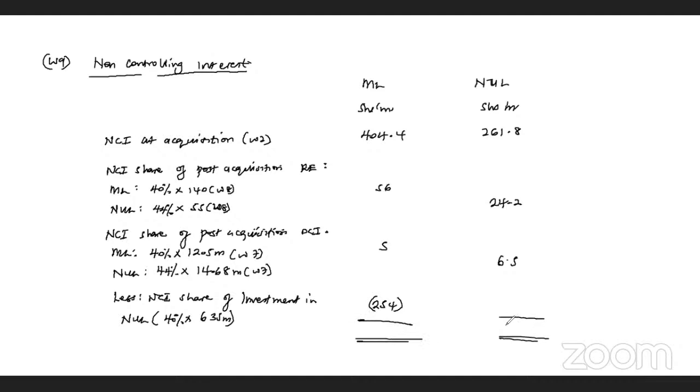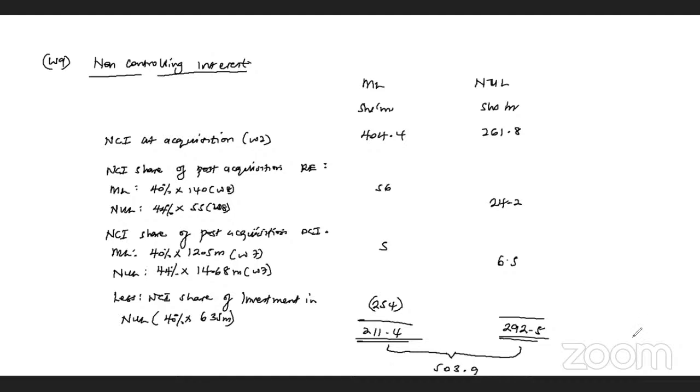When you do the additions, this gives you 292.5, and then this gives us 211.4. When you add, your NCI is 503.9. So that's the NCI figure I'll take in the statement of financial position of the group.